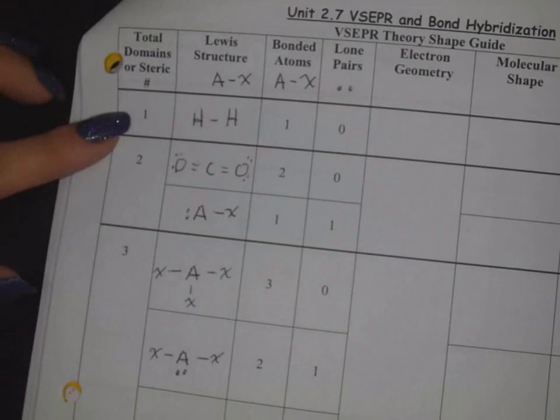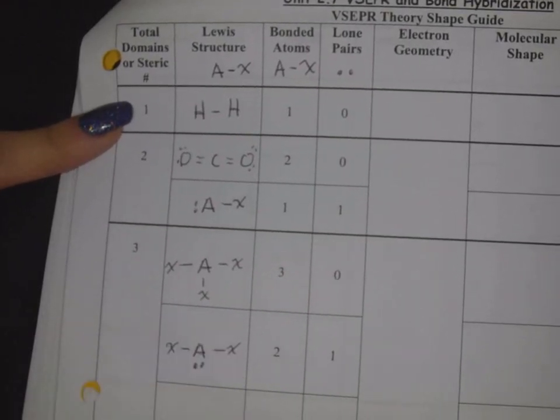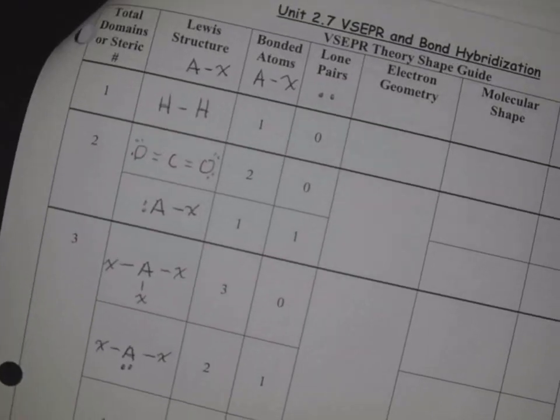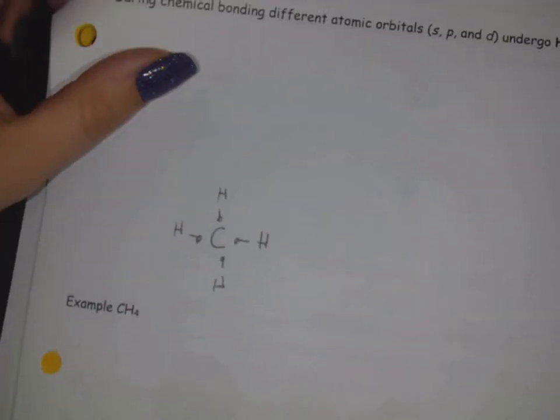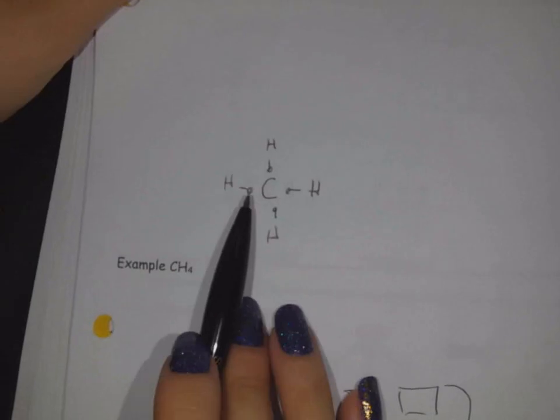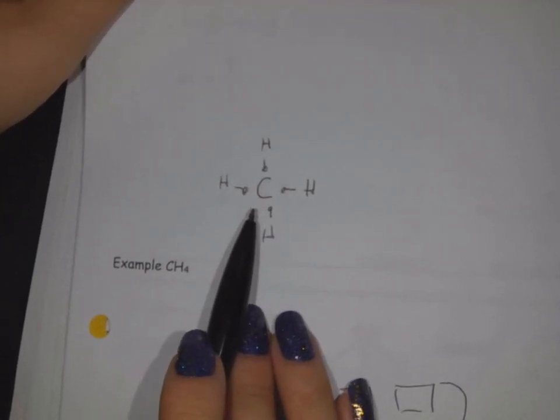However many electron domains there are, that's how many hybrid orbitals there are. So I don't want you to turn back to this page. Stay on page 41. But I just want to show you this molecule has a steric number of 4, or 4 domains.